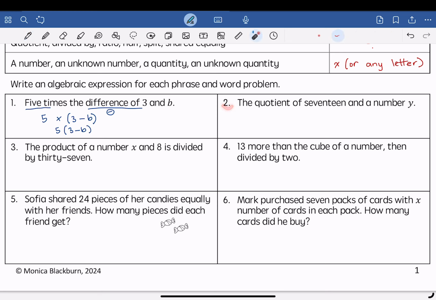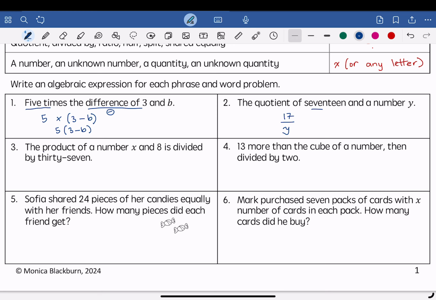Question 2. The quotient of 17 and a number y. So a quotient is division of the number 17 and a number y. The y is the unknown. Question 3.